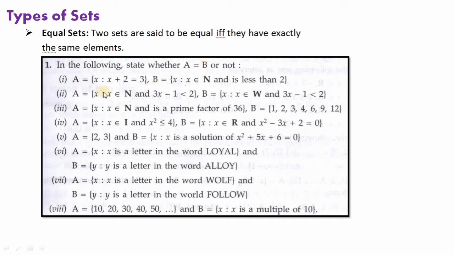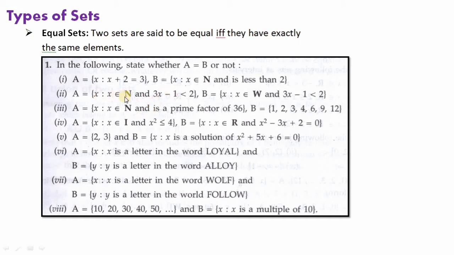Okay, now next, A is given with this, where x is a natural number. Now let's see what is the value of x here. If you take this one over there, you will get 3x is less than 3. That means x is less than 1, isn't it? Now, is there any natural number which is less than 1?